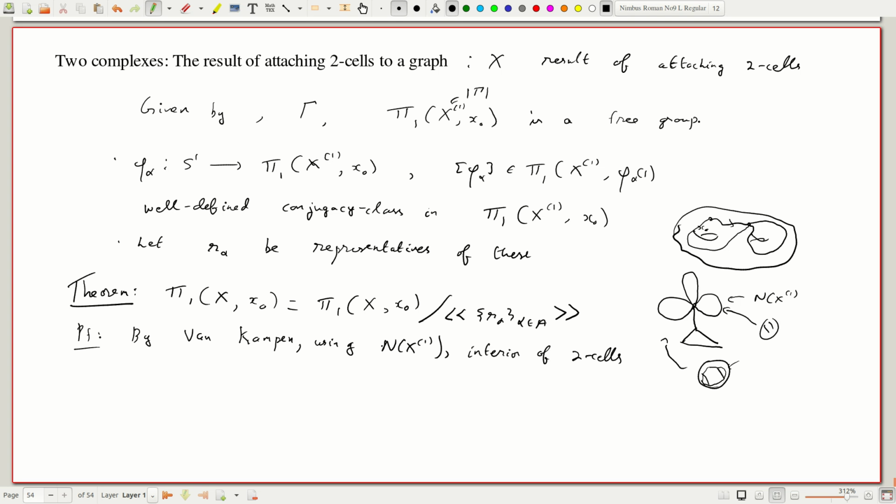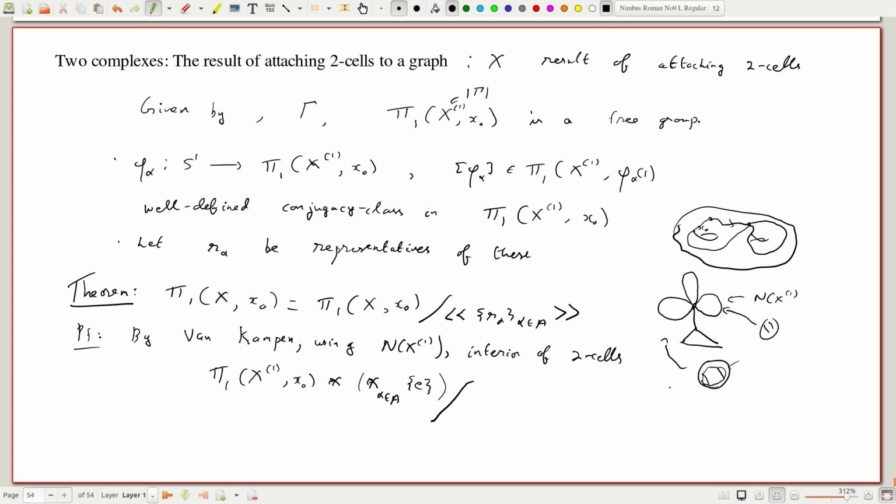What is the fundamental group? So we get pi1 of the neighborhood of the graph, X^1 with base point x0, and we have, for all alpha in A, the fundamental group of the disk. And what is the fundamental group of the disk? The trivial group. So you take free products of trivial groups, you're trivial, and you take the free product, it is this.